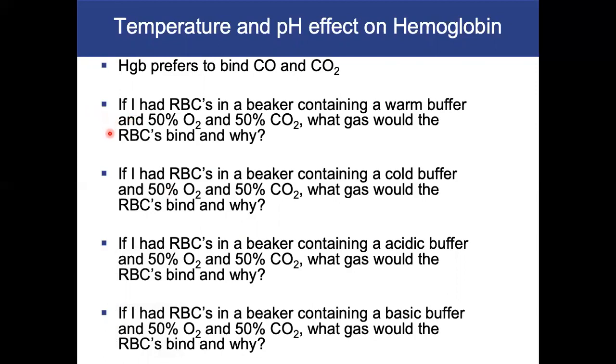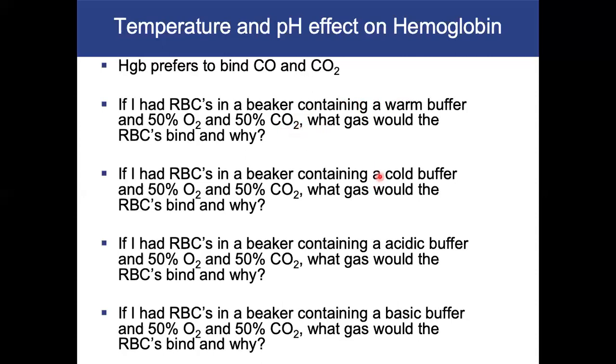Okay, so if we just had a normal body temperature beaker and 7.4 pH, and we had equal amounts of oxygen and CO2, the red blood cell would bind CO2, okay, because it prefers CO2. What happens when we shift the temperature to warm? Which gas does it bind? Good, it's going to bind CO2 because it prefers CO2 at a warm temperature.